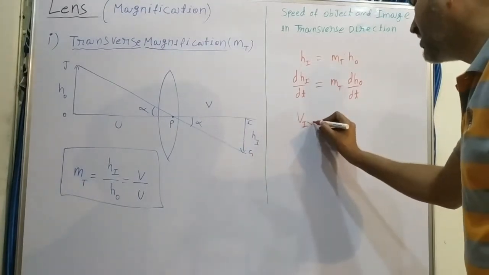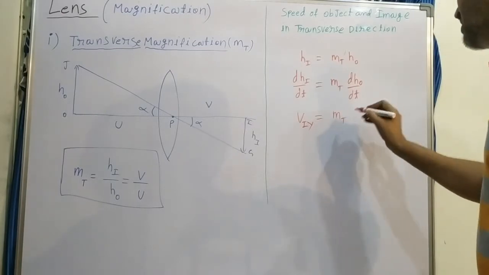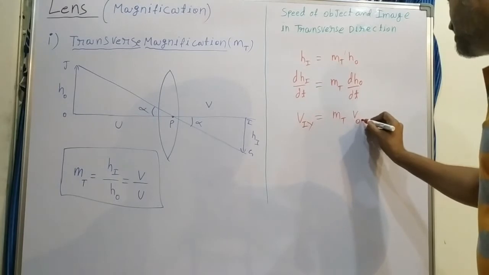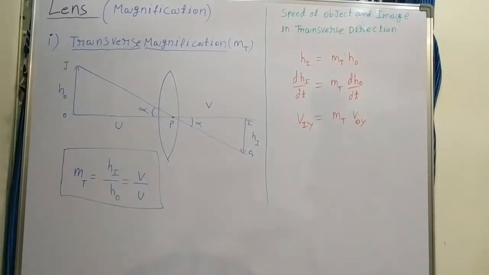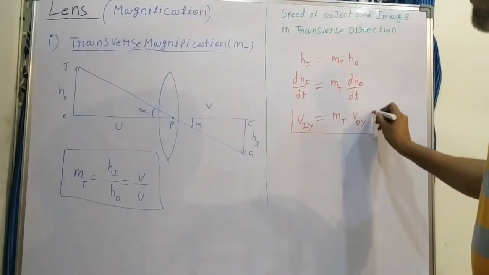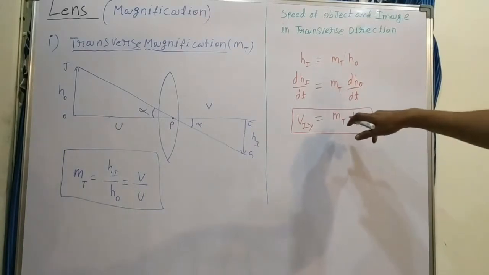So this is the velocity of the image perpendicular to principal axis, the y-axis: velocity of image is equal to mt into velocity of object perpendicular to principal axis. Whether it goes up or down depends upon mt only.